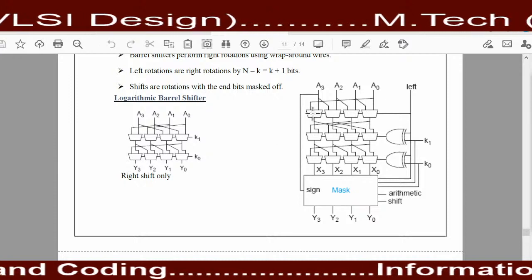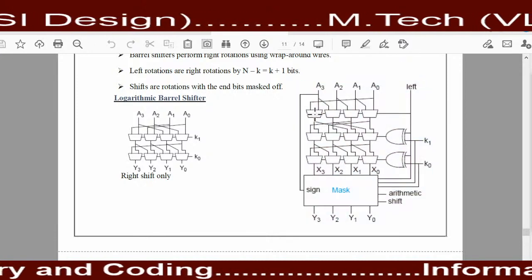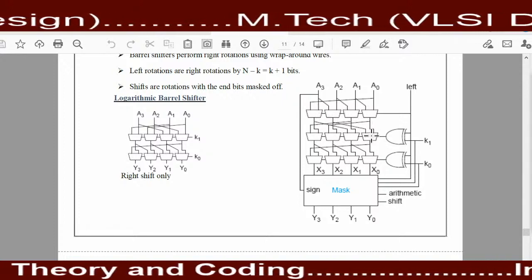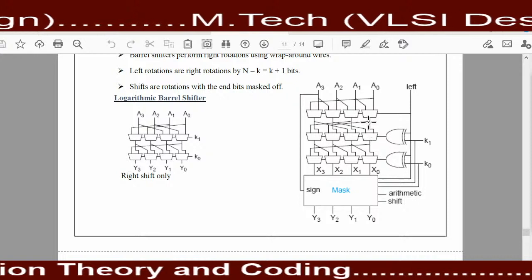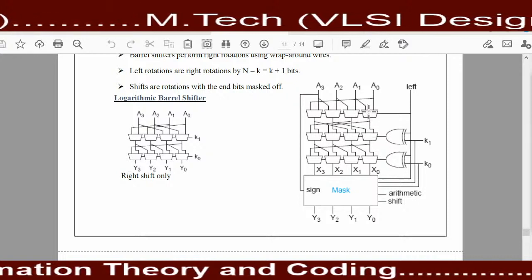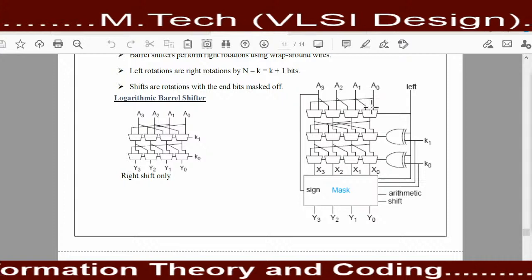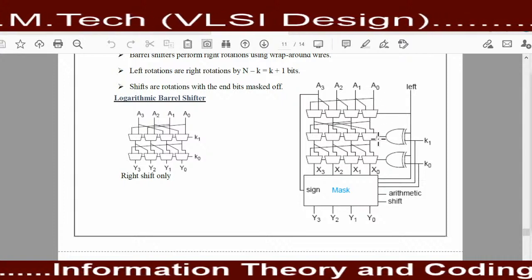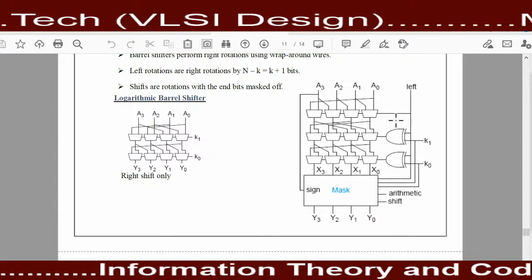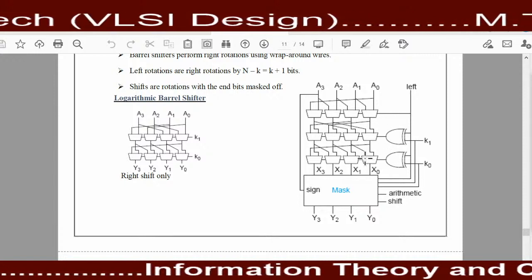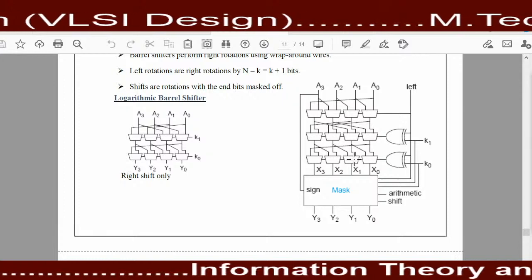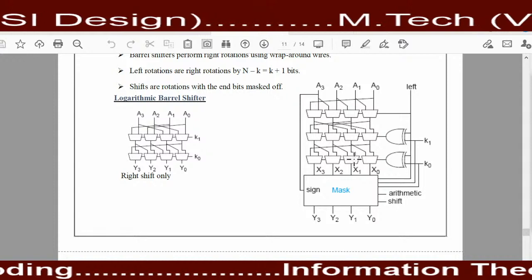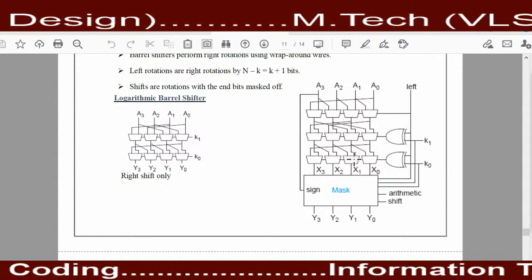Here you can say these cells are the gates in which inputs are provided, and according to the selection line, it decides whether the input gets one bit shifting, or two bit shifting.